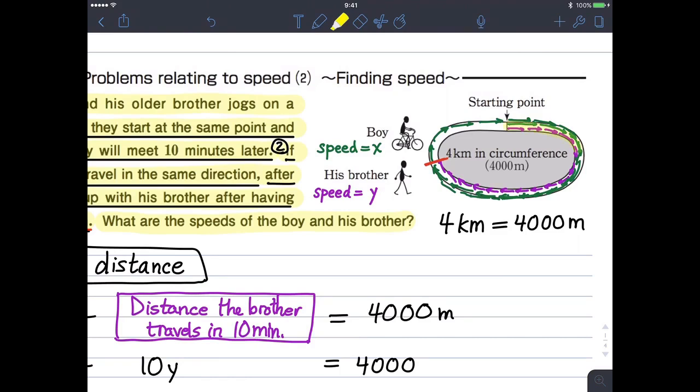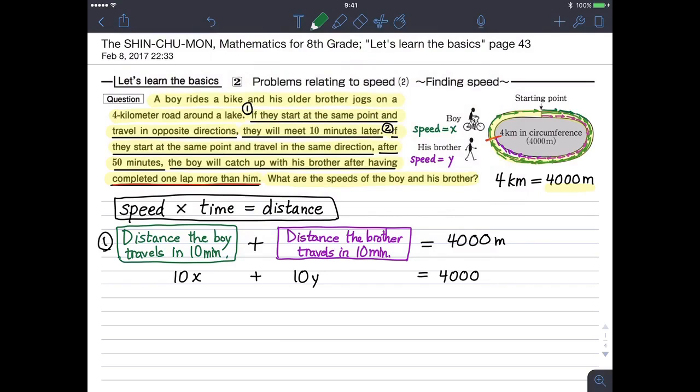One time around, the distance is going to be 4,000 meters. In this case, it's going to be the distance the boy travels in 50 minutes and the distance the brother travels in 50 minutes.